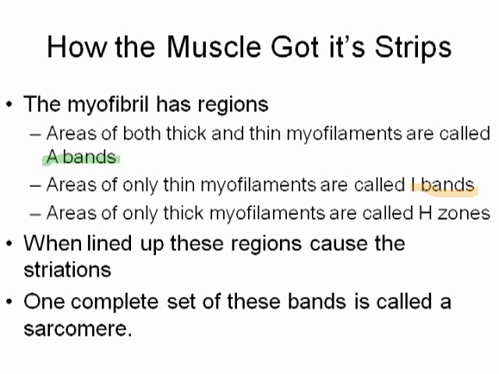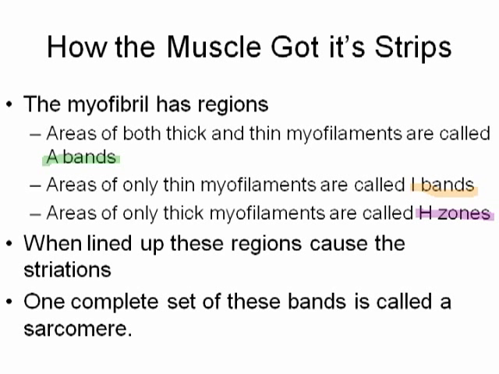Thin myofilaments only, and areas of thick myofilaments only are referred to as H bands. A bands are both thick and thin. I bands are only thin. H bands or H zones are only thick myofilaments.